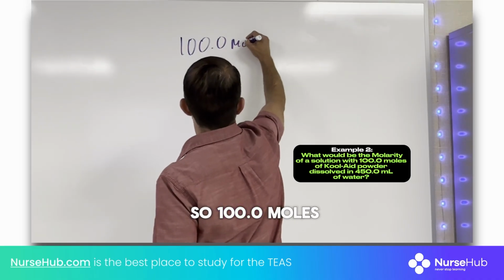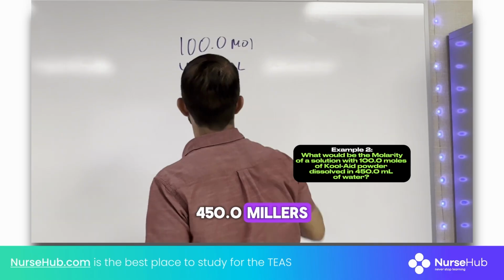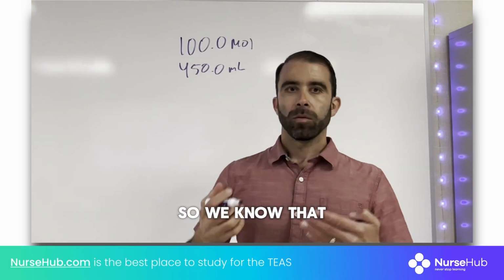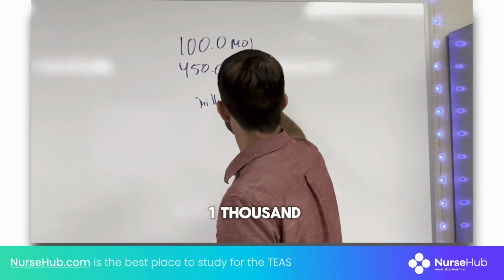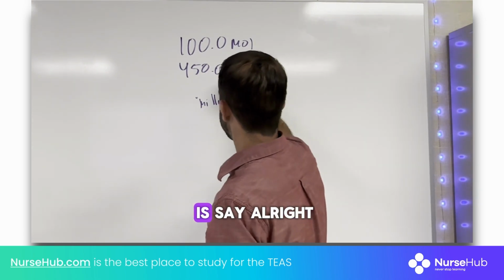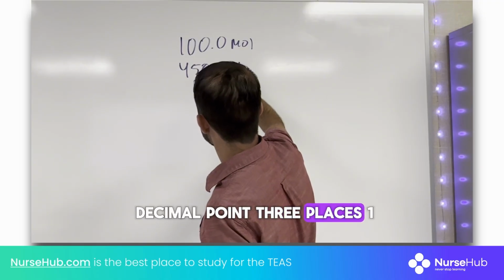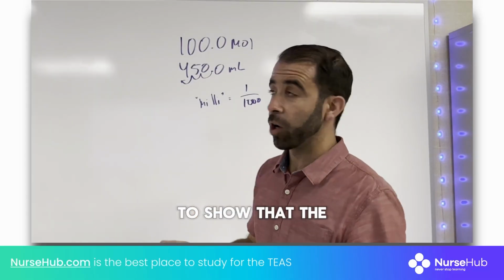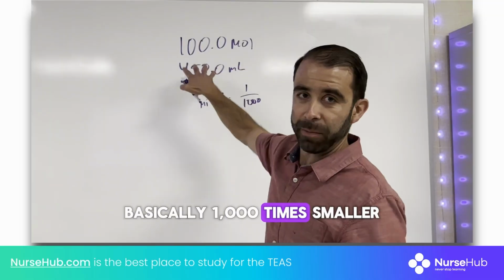So 100.0 moles, 450.0 milliliters. We gotta turn milliliters into liters. So we know that the prefix milli means 1,000th. So what we can do is say, all right, we have to make sure we move the decimal point 3 places, 1, 2, 3 to the left to show that the amount of liters is going to be basically 1,000 times smaller than this.